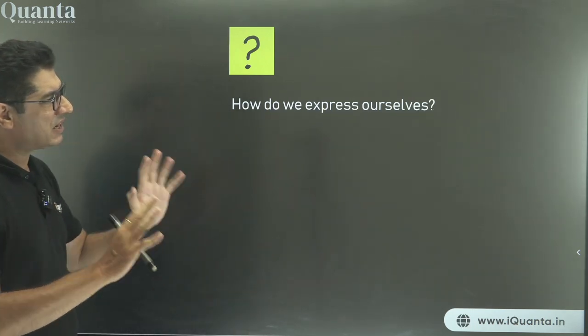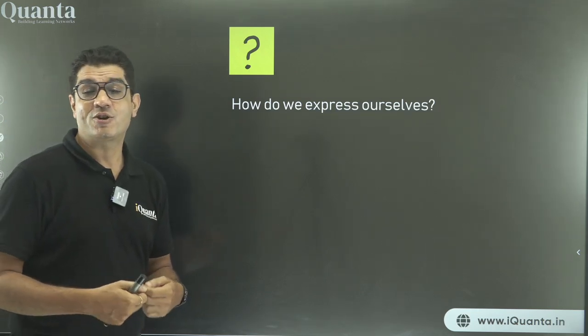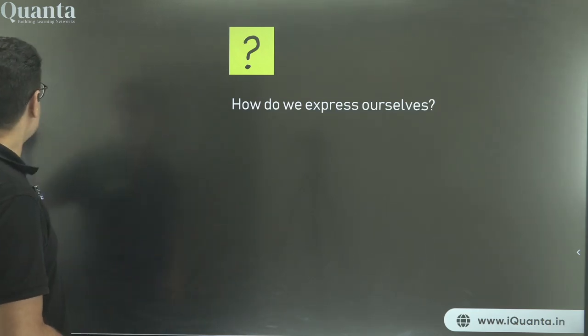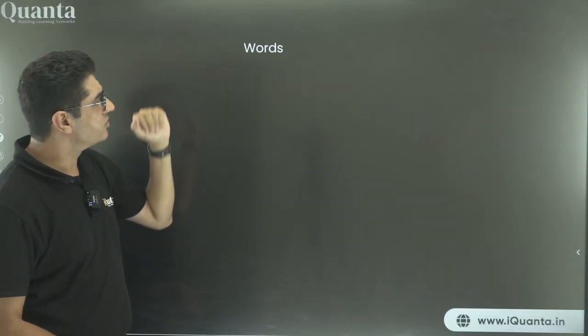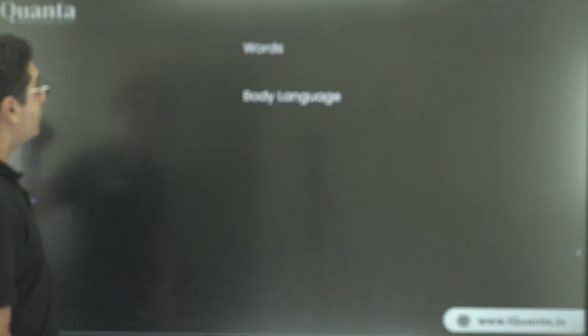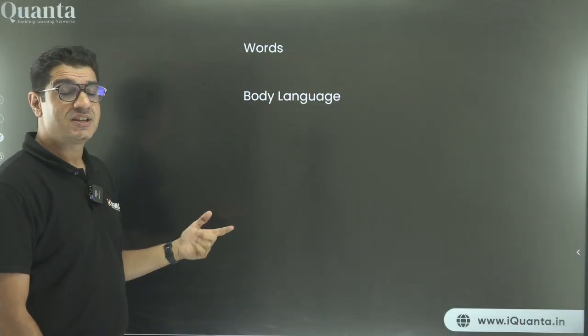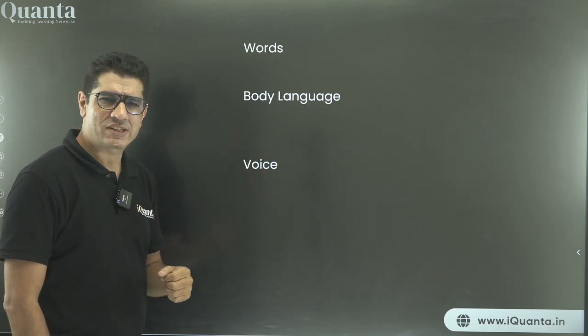There are quite a few different things that we actually use in order to accomplish that job. So for instance, we'd use some words to express ourselves, but that's not it. You may also go ahead and utilize body language. Then of course you go ahead and use your voice to express yourself.